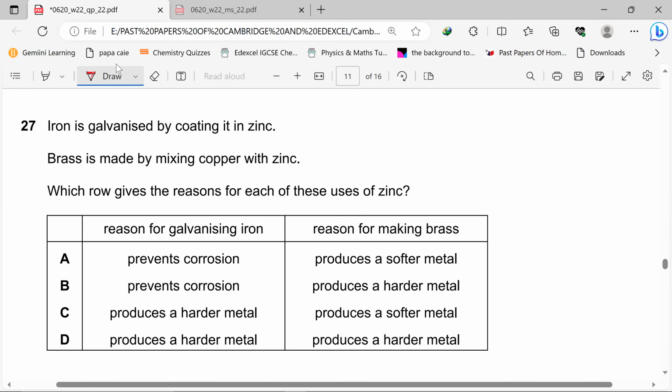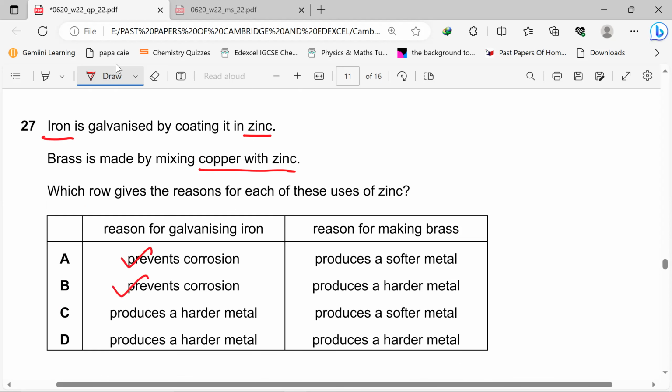Number 27, iron is galvanized by coating it with zinc. Brass is made from copper and zinc by alloying them together. Mixing means alloying. Which row gives the reasons for each of these uses of zinc? Reason for galvanizing iron: prevents corrosion.